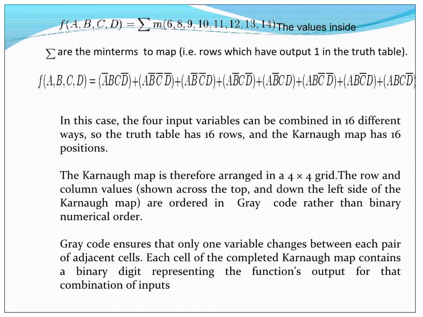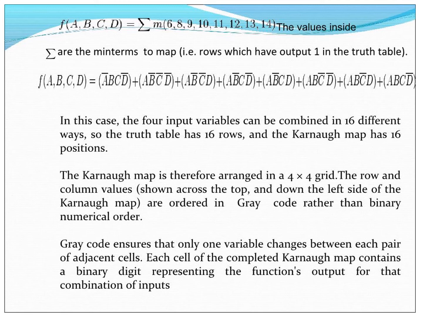So these are the corresponding fundamental products for the min terms shown here. In this case, the 4 input variables can be combined in 16 different ways so that the truth table has 16 rows and the K-map has 16 positions. The K-map is therefore arranged in a 4x4 grid.